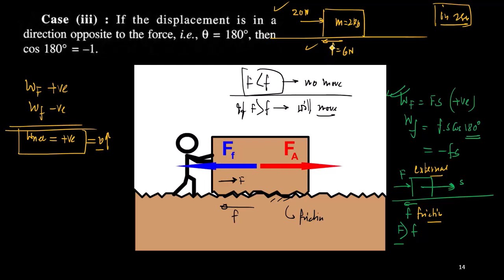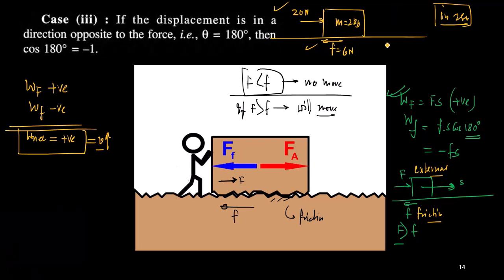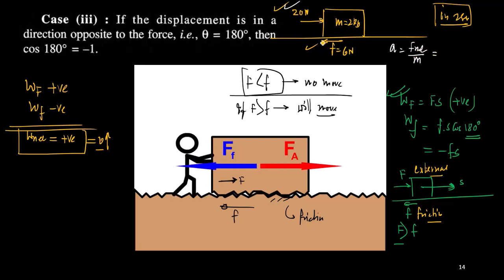Since the body is moving, I want to calculate the displacement produced by this body in 2 seconds. For that, I have to calculate the acceleration. Acceleration equals net force by mass. What is the net force? 20 is the positive one and 6 is the negative one. So 20 minus 6 by 2, that is 14 by 2, which means 7 meter per second square.